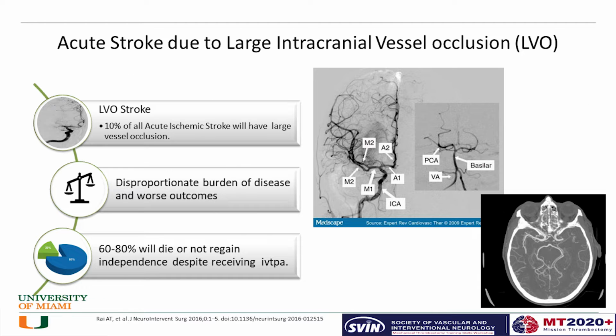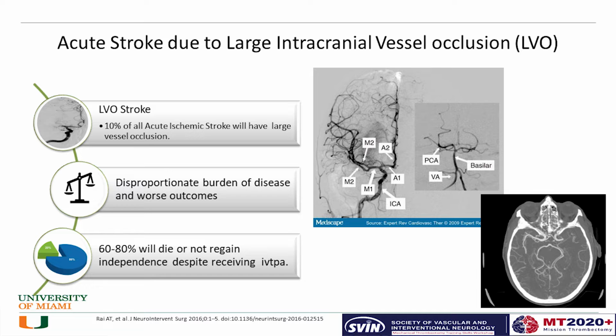For patients with acute ischemic stroke, large vessel occlusion, if there's an occlusion of the internal carotid artery, the middle cerebral artery, the anterior cerebral artery, the vertebral or the basilar arteries as depicted in this screen, they have a higher burden of disease and are more likely to have a worse outcome. It accounts for about 10% of acute ischemic strokes.